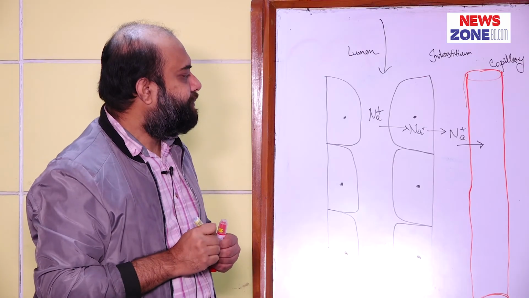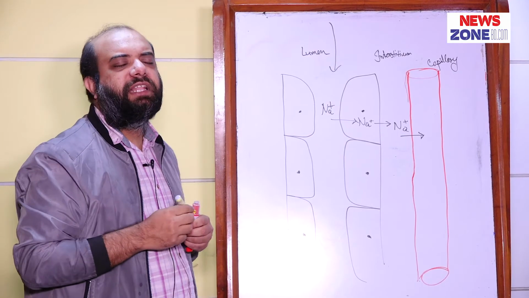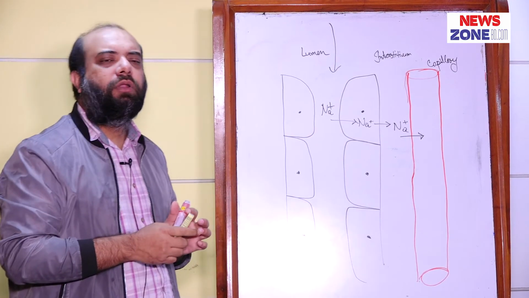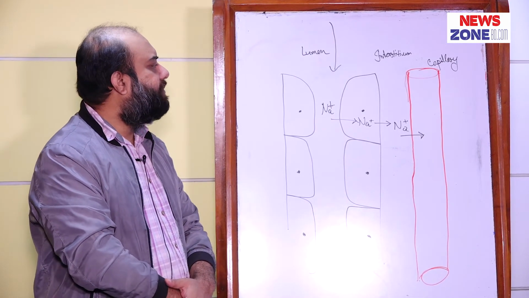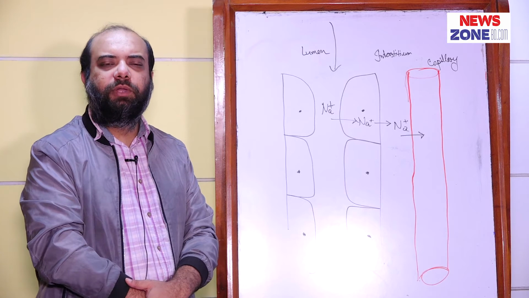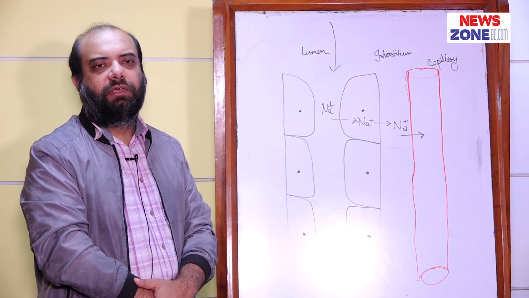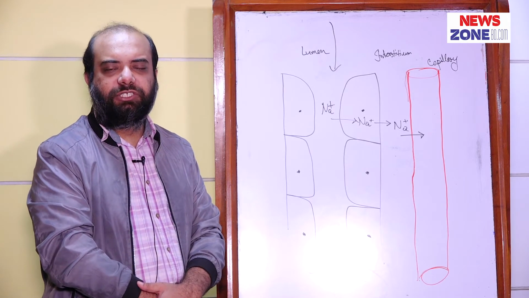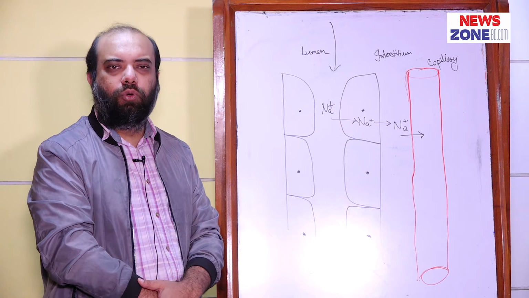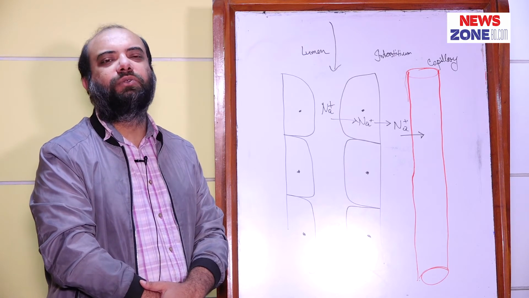There are 3 or 4 transport processes. In the proximal convoluted tubule, sodium ion travels from the tubular lumen into the tubular epithelial cells by 3 mechanisms. First one is sodium hydrogen counter transport, second one is sodium glucose co-transport, and the third one is sodium amino acid co-transport.